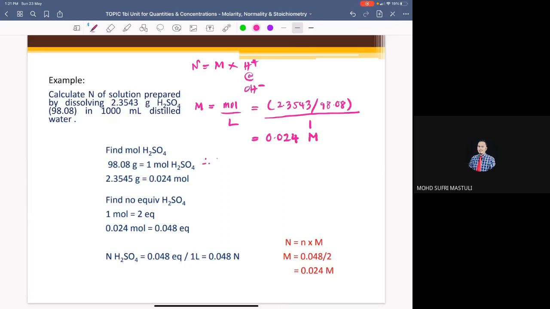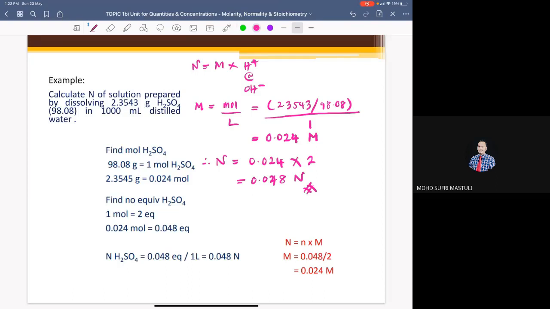Therefore normality is 0.024 times the number of hydrogen in this sulfuric acid, which is 2. So it's 0.048 normality. Okay, so this is the normality.